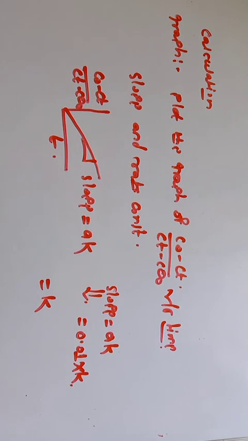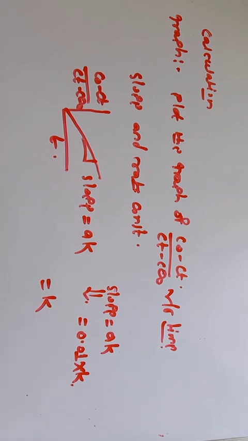So by calculation as well as by graph we can easily find the K value, that is the rate constant for this hydrolysis of ethyl acetate using NaOH. Keep in mind it is a second order reaction.